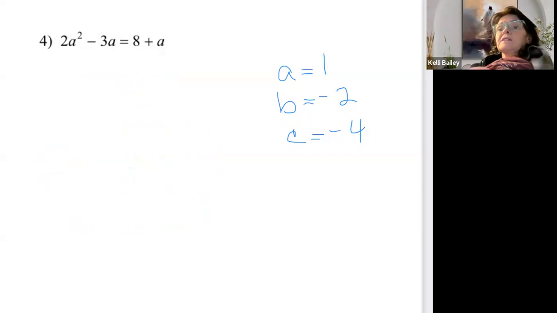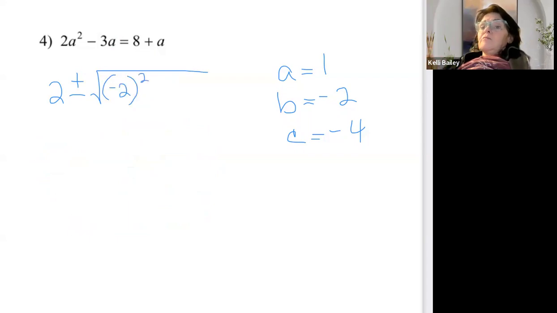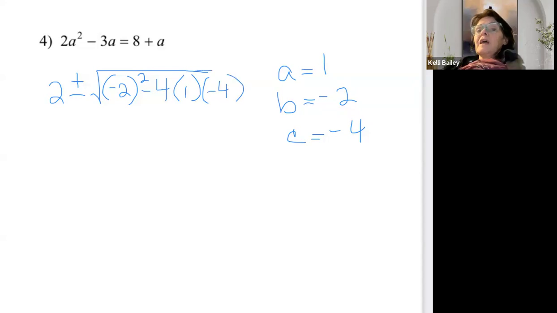We've got opposite b, so b is negative 2, so the opposite of that is 2, plus or minus the square root of, in parentheses, because it's negative, negative 2 squared minus 4 times a times c. Okay, and that's all over 2 times 1.